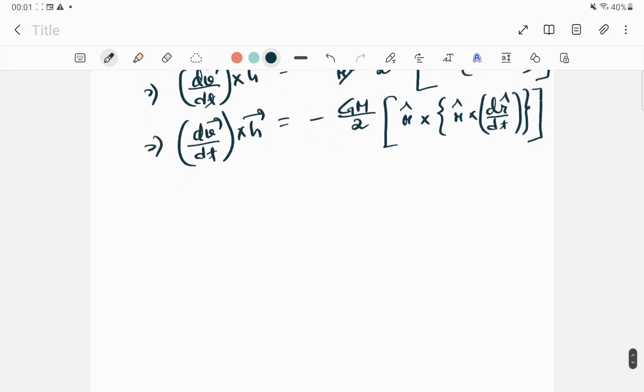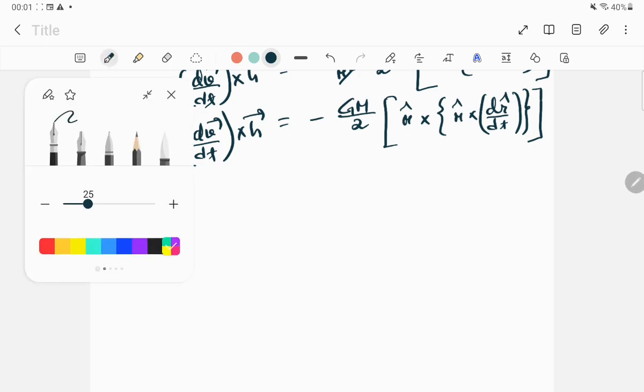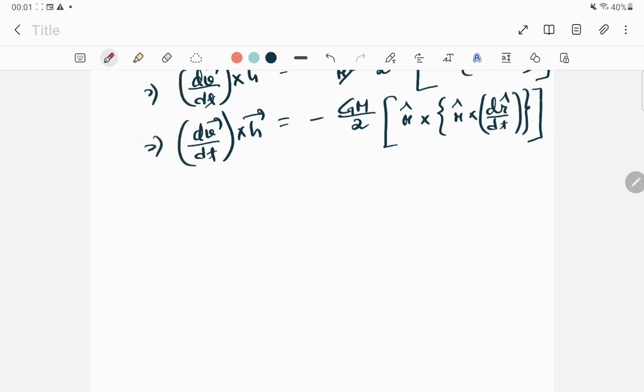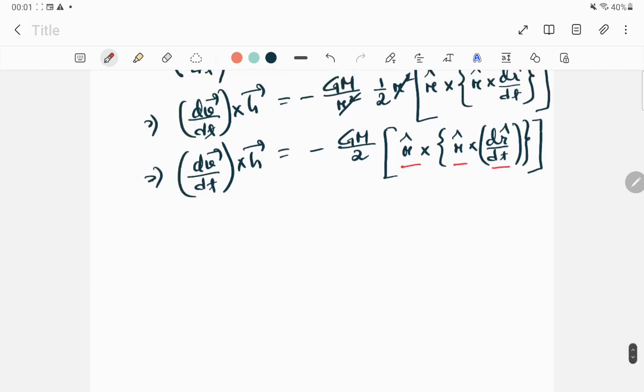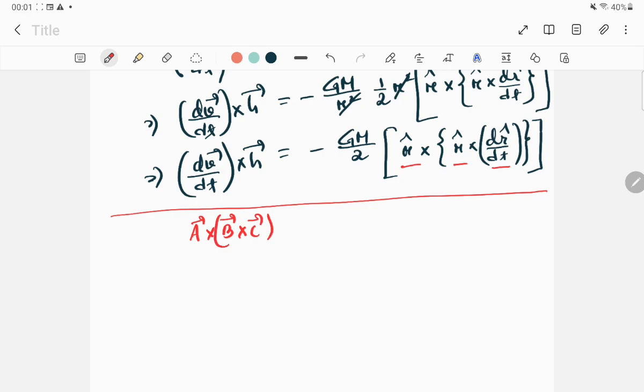Now as I think we have already discussed this in classroom. So is it looking like a vector triple product? Okay, so we will be doing a little bit of graph work. If it is A cross B cross C, a vector triple product, how to do that?